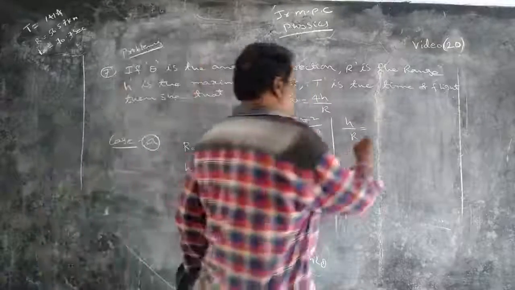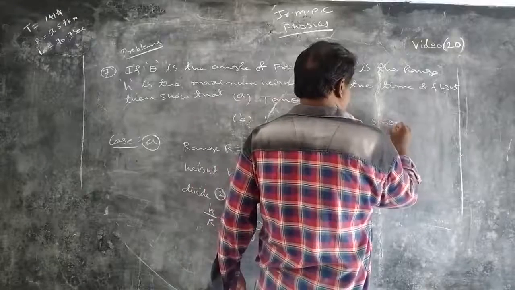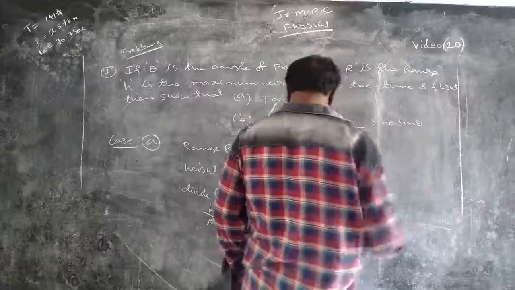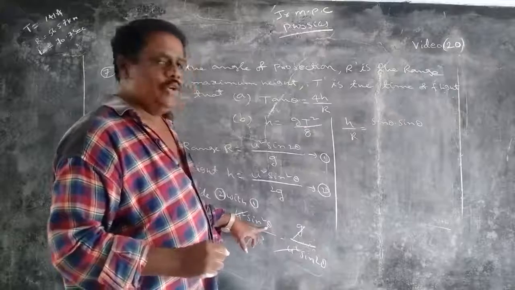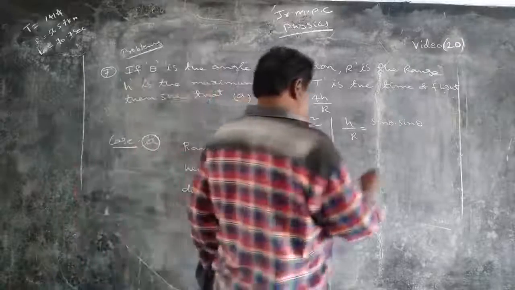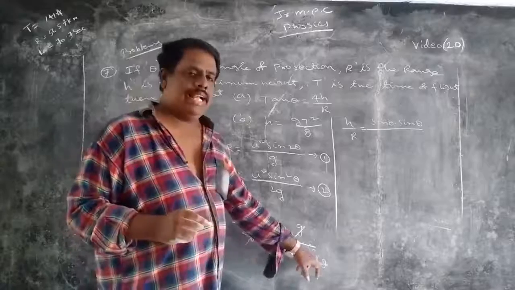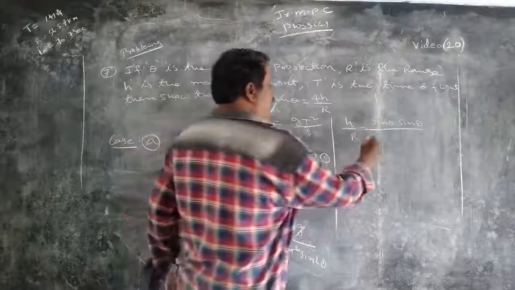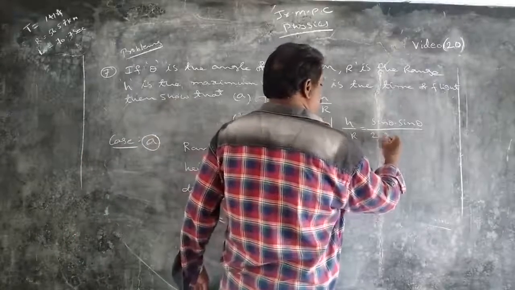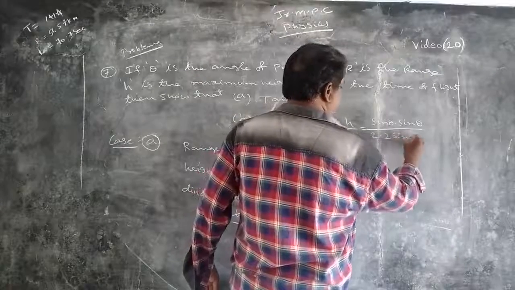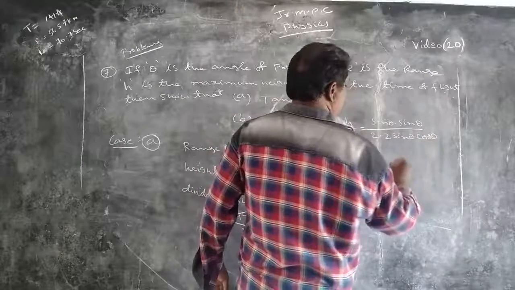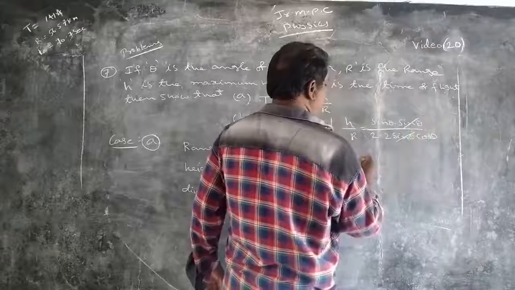Sin square theta is nothing but sin theta into sin theta in the numerator, but in the denominator there will be sin 2 theta. Sin 2 theta is nothing but 2 sin theta cos theta. Sin theta will cancel.